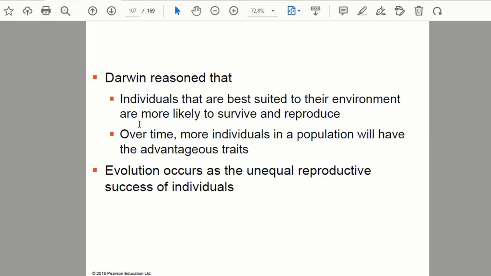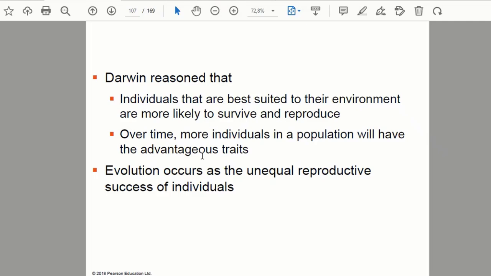Therefore, over time, you will find that the population is dominated by individuals with the advantageous trait. What is the advantageous trait? It is the tortoise, which has a shell that can protect it.